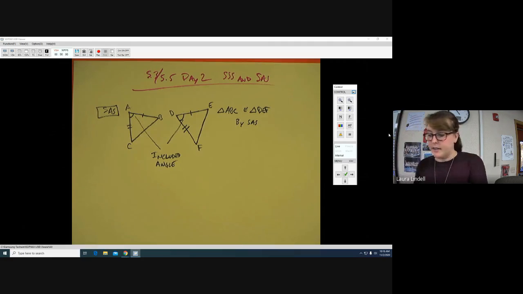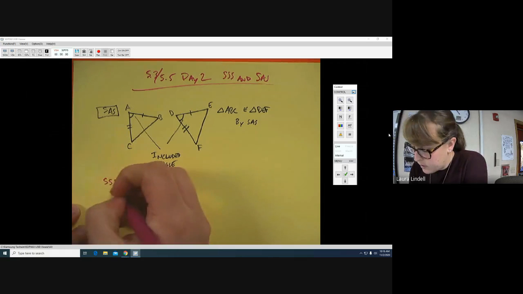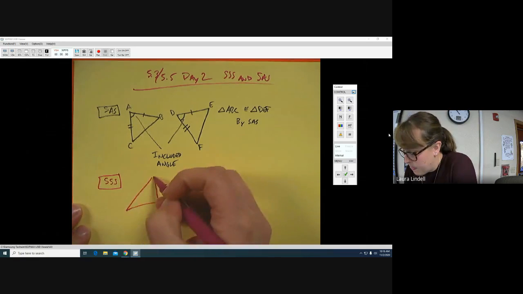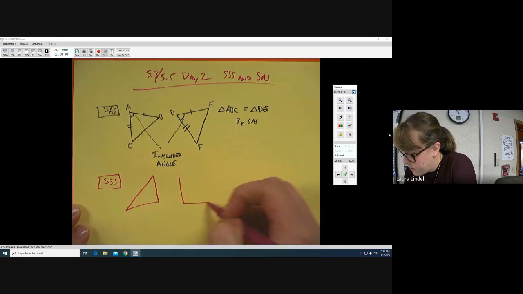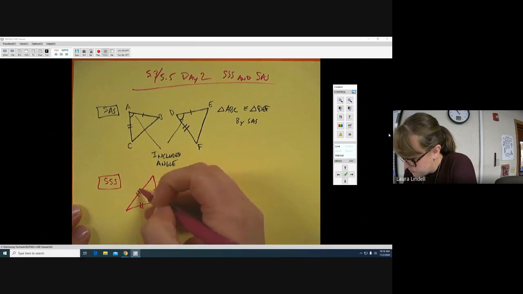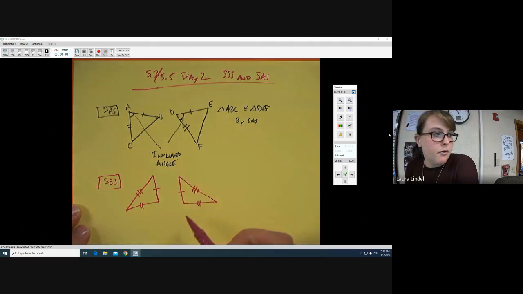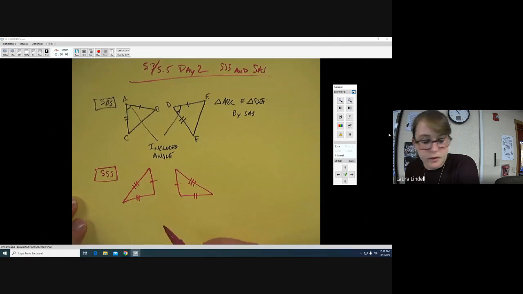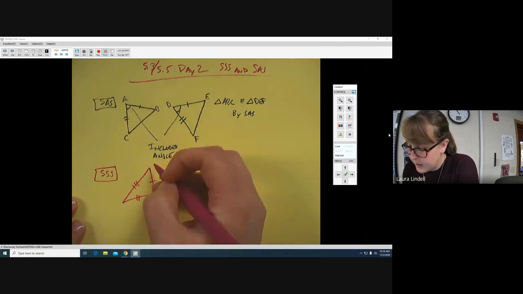And then we had SSS, side, side, side. So if I know the measures of all three, or if I know that there are 3 pairs of corresponding sides that are congruent, then I can conclude the triangles are congruent by SSS.